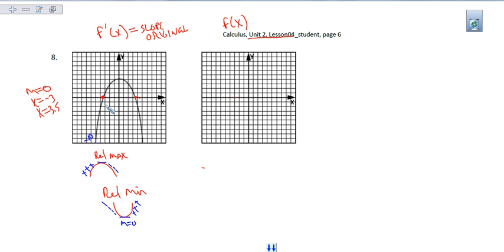So as we move from the left to the right, it starts off being negative, and then a little bit less negative, a little bit less negative until we hit 0, and that would indicate that we're going to have, excuse me, a relative minimum somewhere. So we have our relative minimum there.